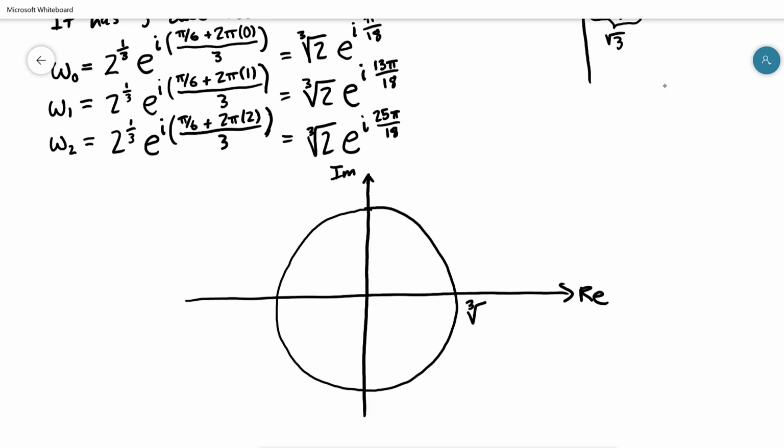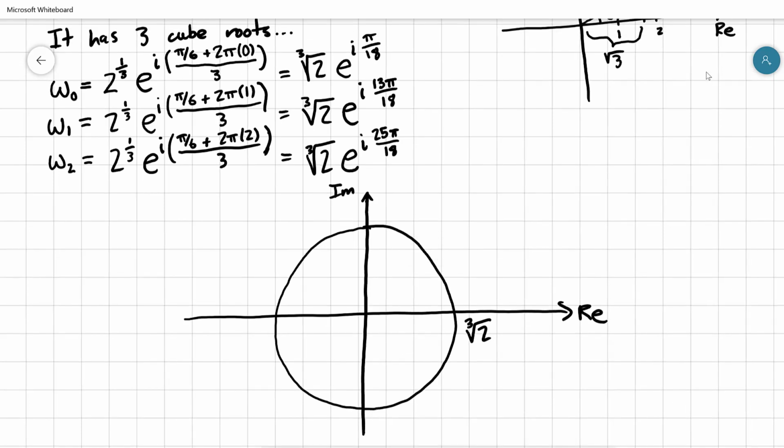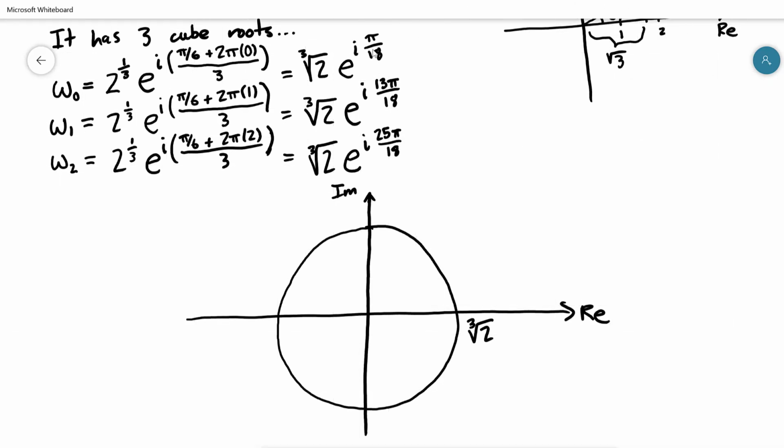The cube root of 2 is that distance. Our first one occurred on this circle at an angle of basically pi over 18. So that's a third of the normal pi over 6 angle. That's way down here. Here is where that first pi over 18 angle occurs.